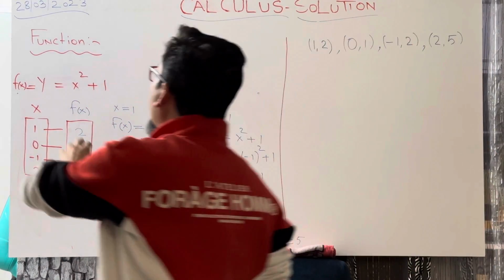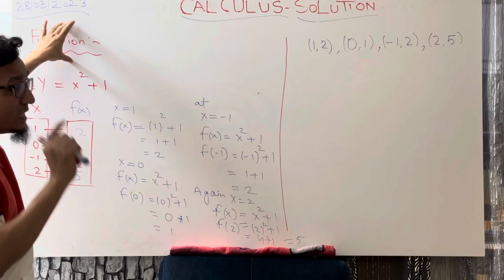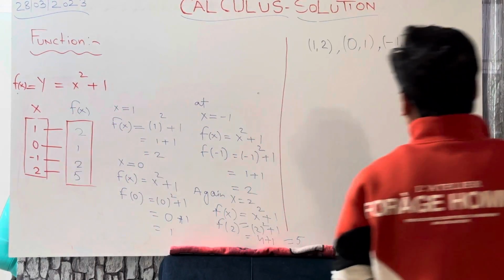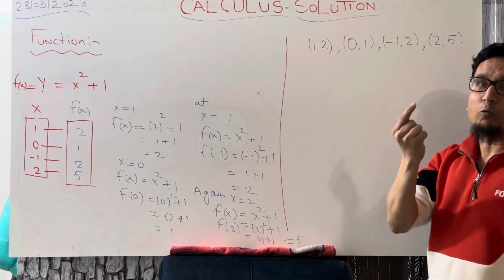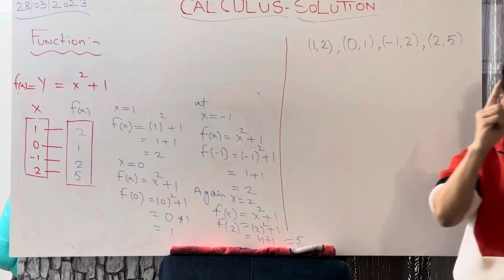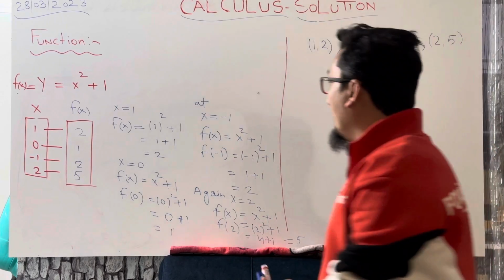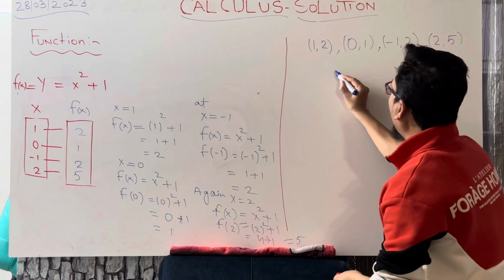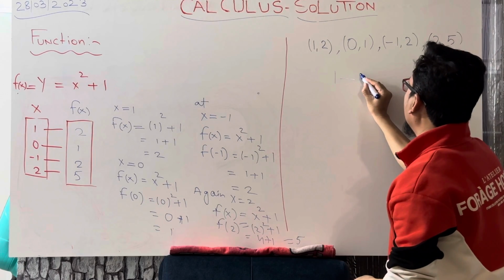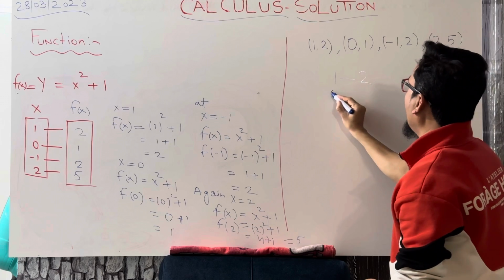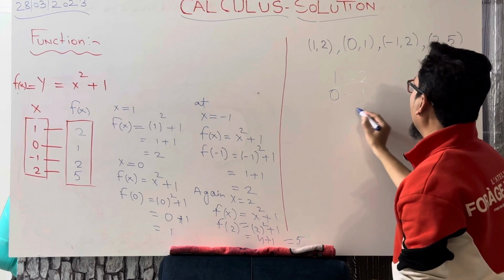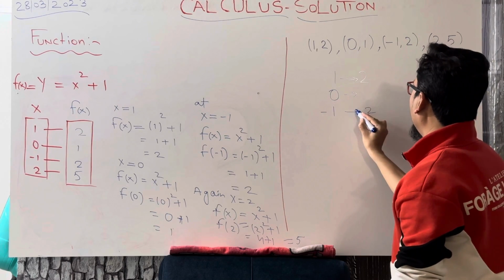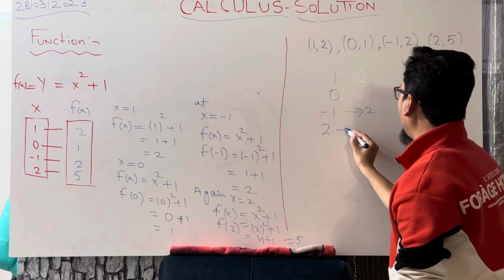So what is the meaning of a function in an easy way? Function means one value of x has just one value of y. For example, 1 has 2, 0 has 1, minus 1 has 2, and 2 has 5.